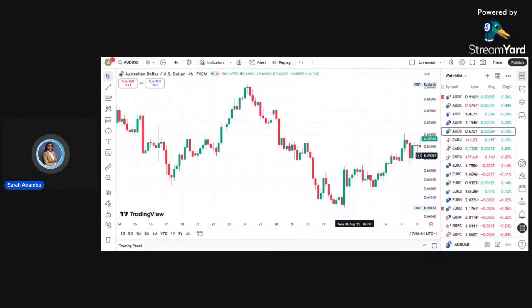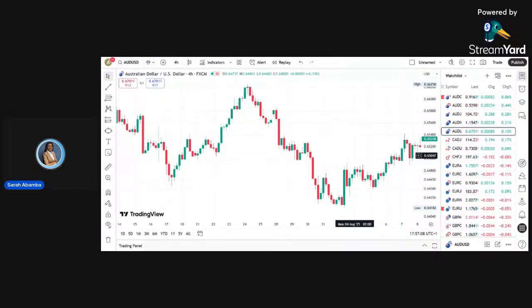Like I've always said, there is the bullish and there is the bearish side in every strategy, in every pattern. Now for the bullish side of the engulfing pattern, the first candle that will be formed is a red candle. Mark the words, red candle, whereas the second candle that will be formed is a green candle.